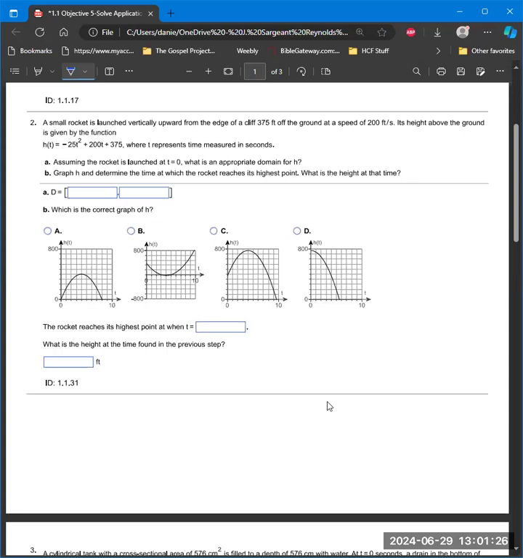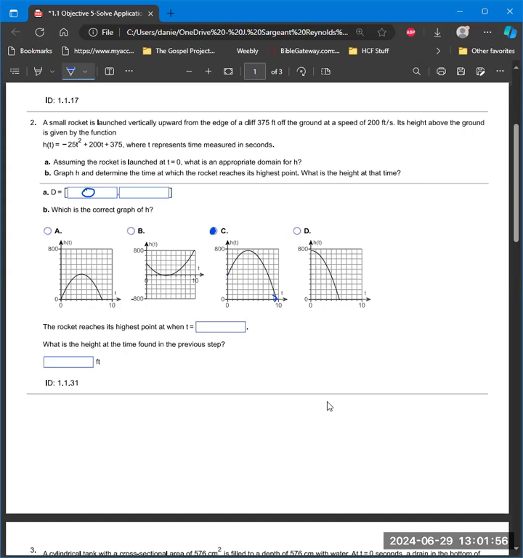Go ahead and stick this into your calculator if you want to see it, but it's this one, because we have to start 375 feet off the ground and we're launched up, and it has to go up to a maximum before it comes back down to the ground and crashes down here. So assume the rocket is launched at t equals 0. What is the appropriate domain? So we're going to need to go 0 to something. We're going to have to figure out exactly at what time over here it crashes into the ground. That's about 10, but we can't say 10.